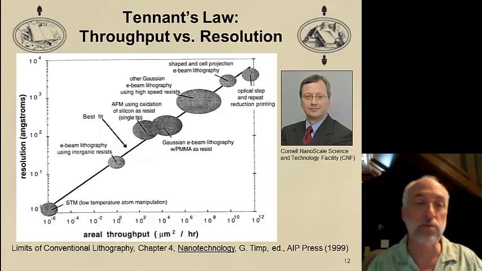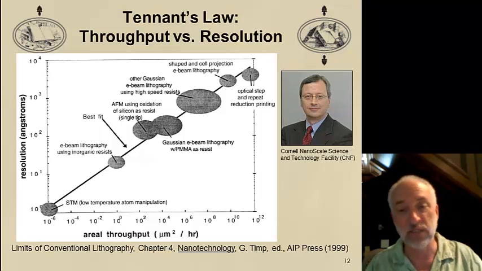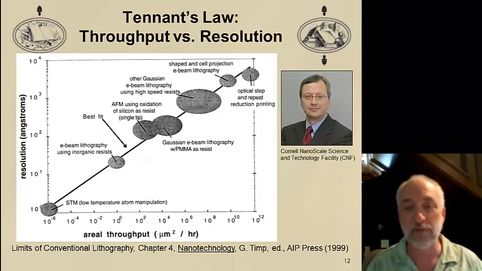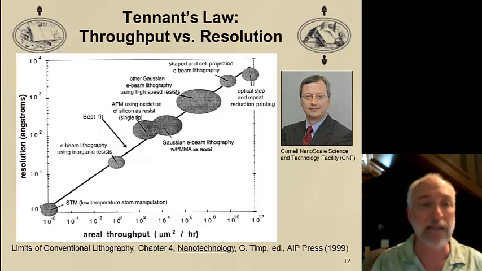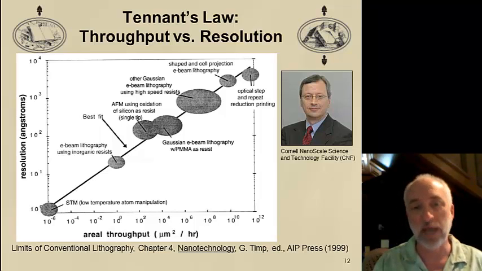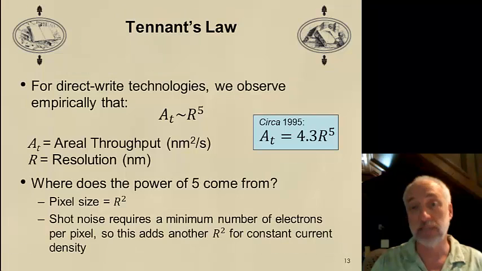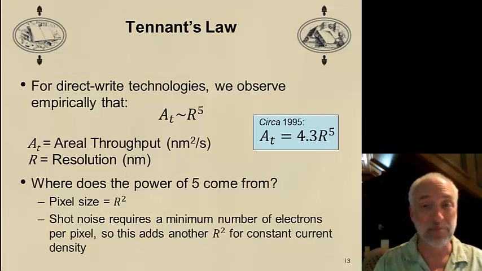And he found that the resolution versus the areal throughput, that is the square area of substrate that I can expose in a given amount of time, follows a particular trend. On this log-log scale, it looks like a straight line, but in fact, if we look in detail, we find that the areal throughput goes as about the resolution to the 5th power.